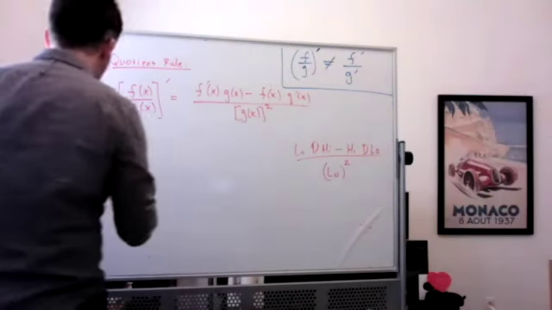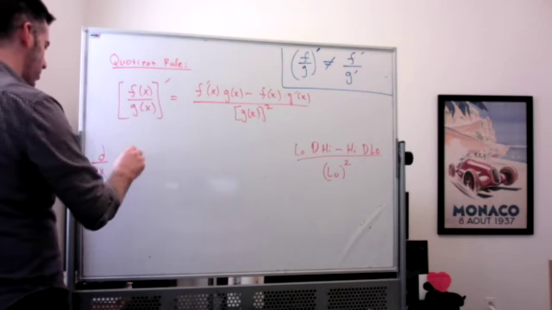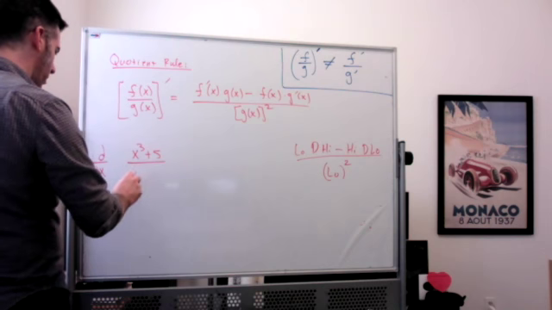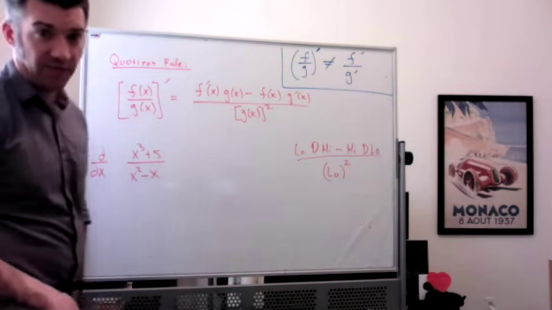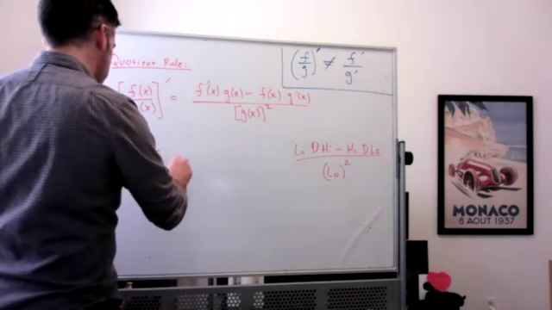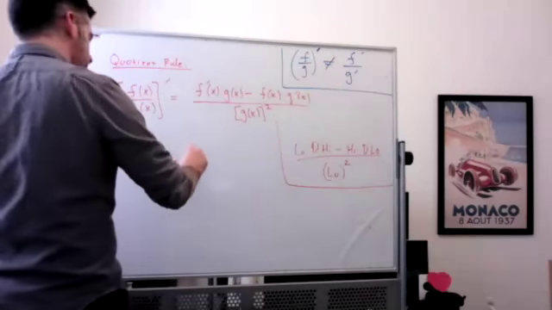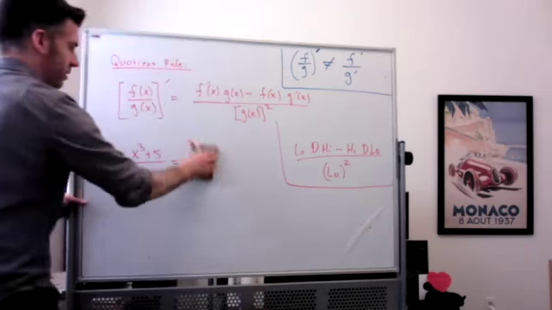So, for example, if I want to find the derivative of, say, x cubed plus 5 over x squared minus x, I'm going to have to use the quotient rule. So it's going to be the bottom. I didn't give myself enough room, let's just write it down here.